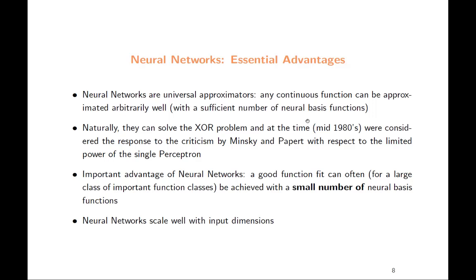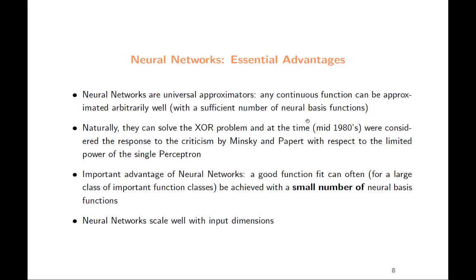So there are some really interesting advantages. Initially people also explored more complex structures in the 90s, but for most applications people just use the simple structure with one hidden layer. And it was shown that neural networks, even with one hidden layer, are universal approximators.